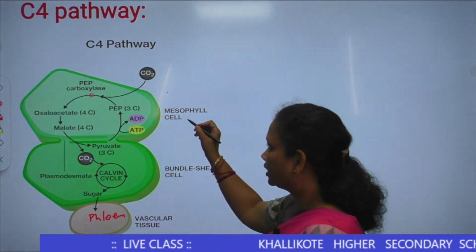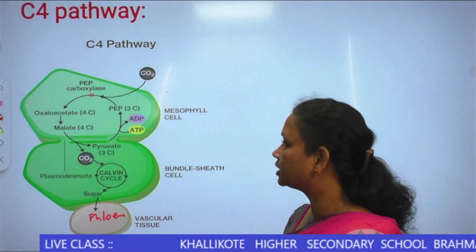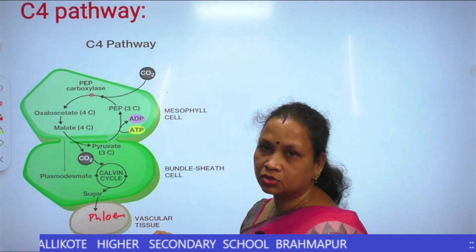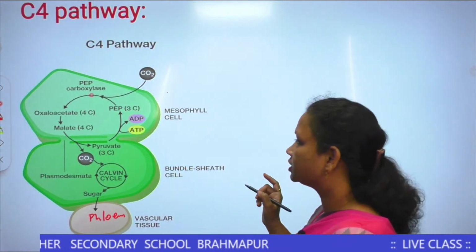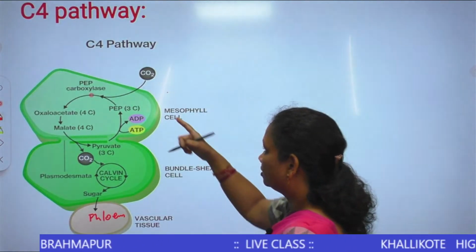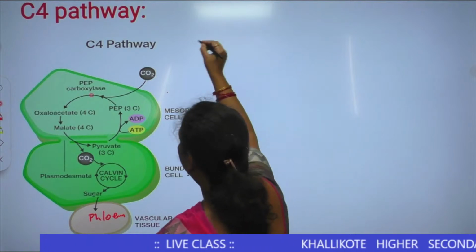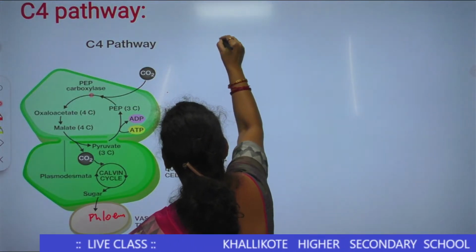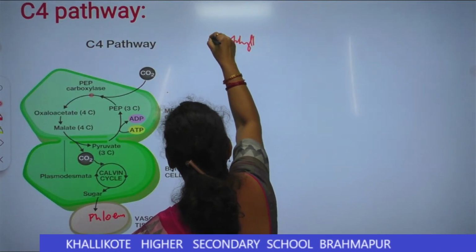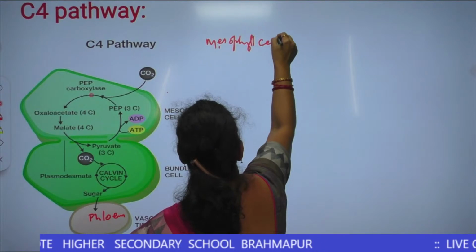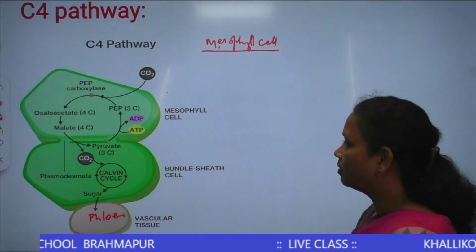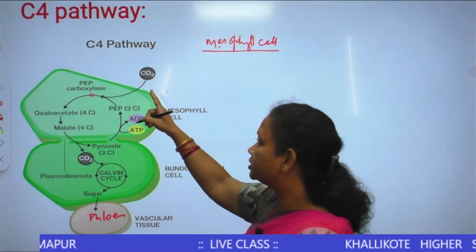So, coming to the characteristic of the mesophyll cell. Initially when carbon dioxide diffuses through the stomata into the substomatal cavity, the first reaction occurs in the mesophyll cell. What happens in the mesophyll cell?